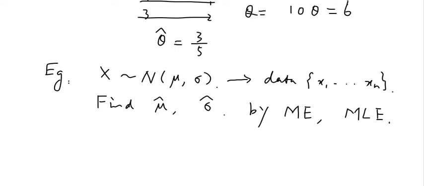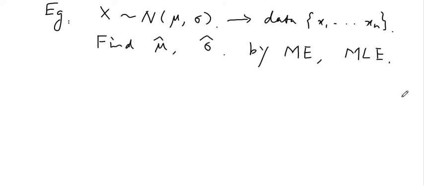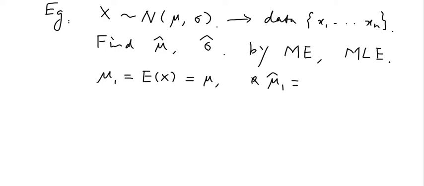Okay, so now let's consider this problem. Let's check the moment estimate first. For the moment estimate, mu1 is just the mean mu, right? So mu1 hat is just x bar, equal to (x1 plus ... plus xn) over n.